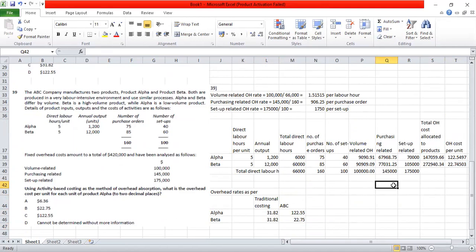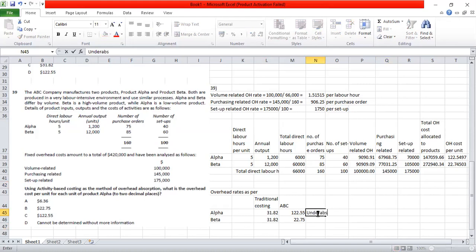The actual overhead cost per unit should be 122 per unit. The actual amount should be according to the usage, and according to the usage it is coming out to be 122. How much did they charge in the traditional costing system? They have charged only 31.82. So that's under absorption.